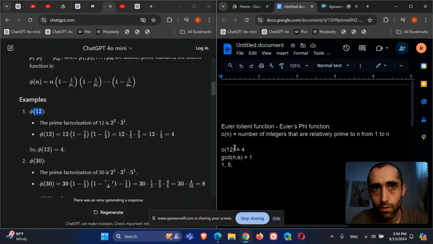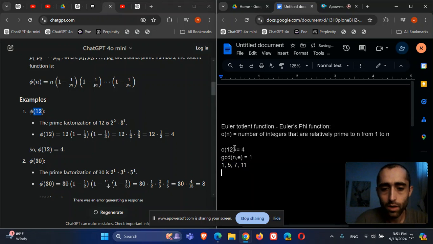And 7, yes. 8, no, because they have greatest common divisor of 4. 9, no, because 3 can divide both. 10 also not good because 2 of course divides both. 11, yes, because only 1 divides 11 and 12. And what about 12 itself? Of course not.